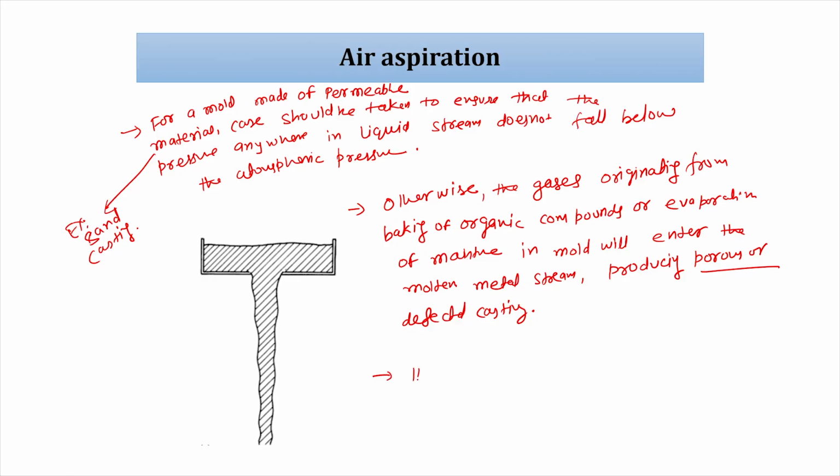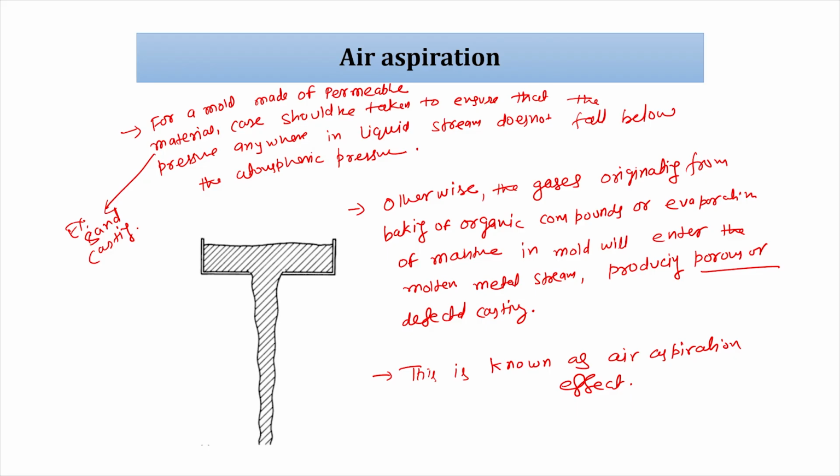This is known as the air aspiration effect. What is happening? Gases are going to be generated whatever the pressure; that is reality. It is not that gas is generated only if pressure is less. Gases and moisture evaporation are going to happen in any situation.